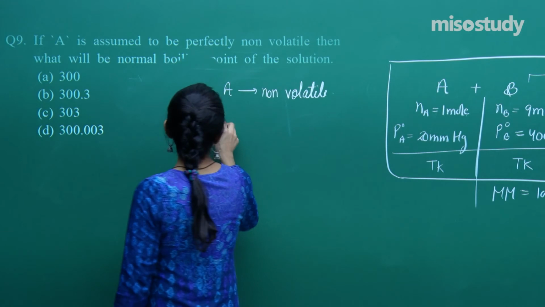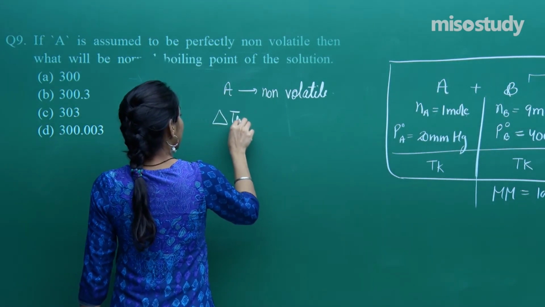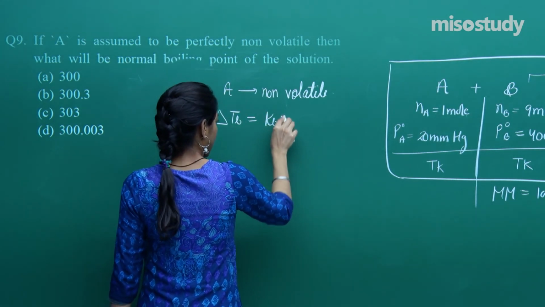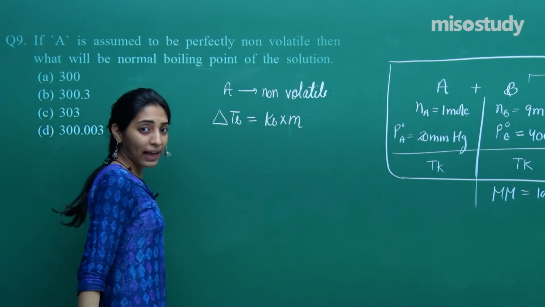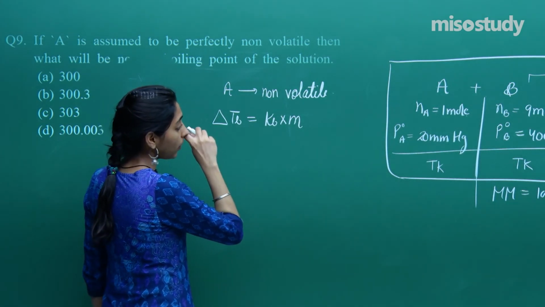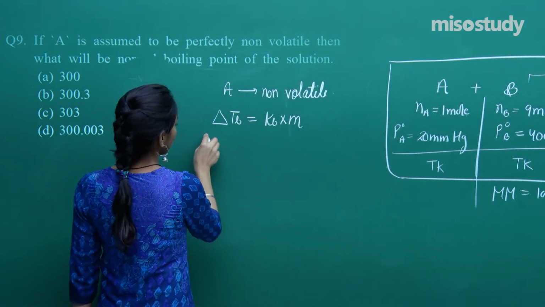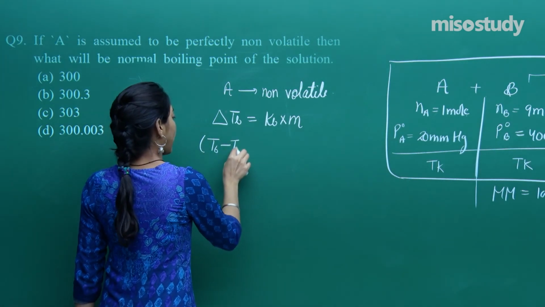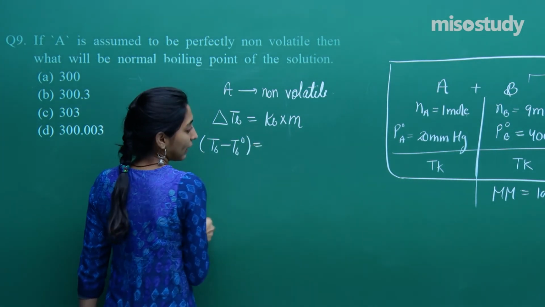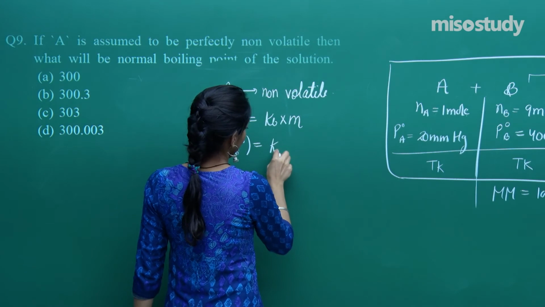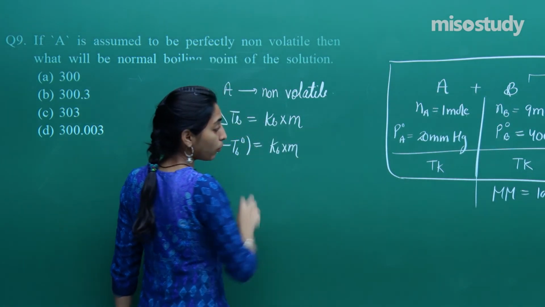So I can say that delta TB is equal to KB into molality. Now delta TB means TB minus TB naught. KB is given to me and we need to calculate the molality.